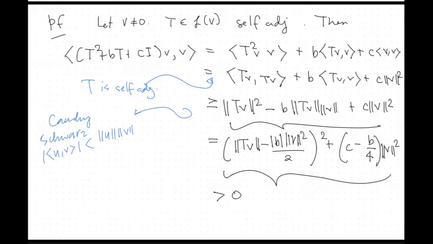Okay, we know that every operator, self-adjoint or not, on a finite dimensional non-trivial vector space has an eigenvalue. So because of that, we have the following result. Let's write this out.